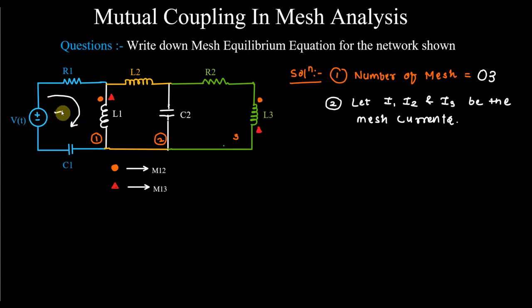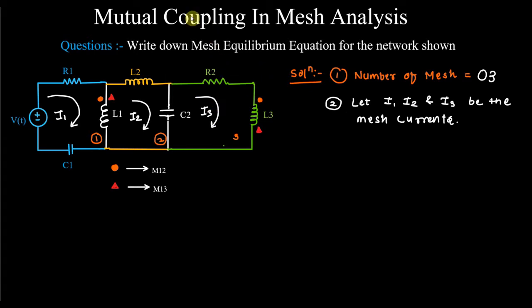Here the current is I1, in the second loop the current is I2, and in the third loop the current is I3. So we have made the first 2 steps: first, find out the number of meshes; second, find the mesh currents I1, I2 and I3.